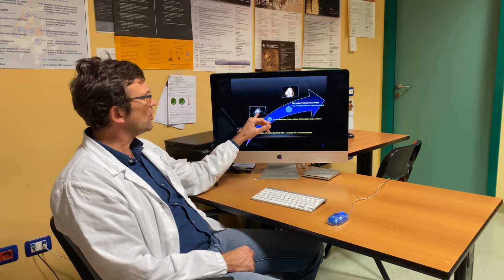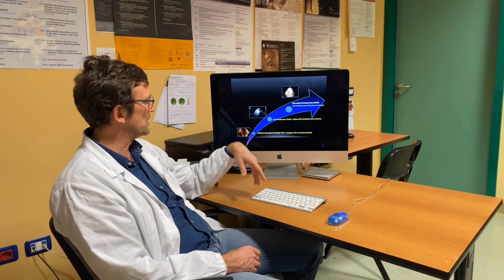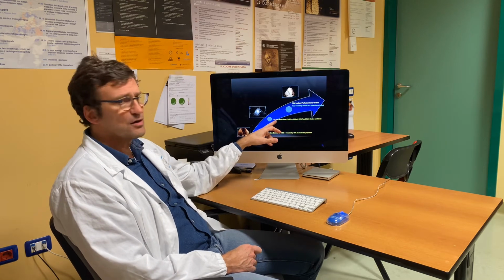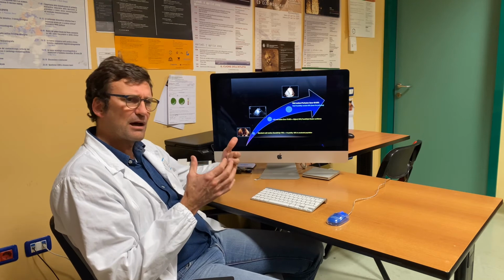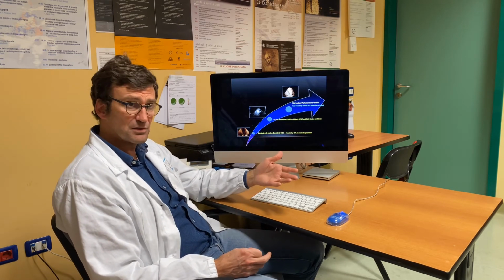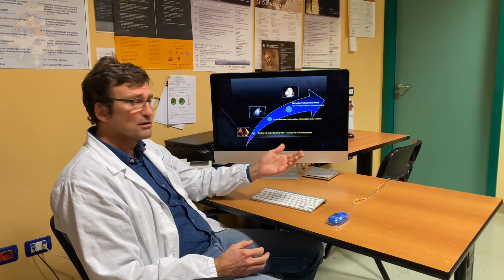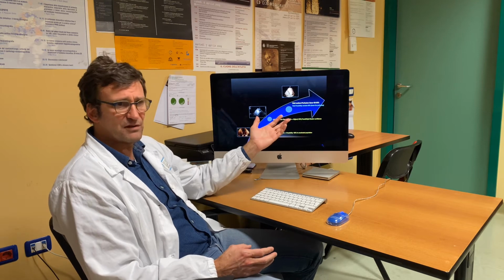So when you use contrast, this is the typical setting where you use contrast for wall motion, right? We call it LVO, left ventricular opacification setting. You have just a slightly higher sensitivity, maybe 75-80%, but you have higher feasibility, almost close to 100%, because with contrast you can image almost any ventricle.